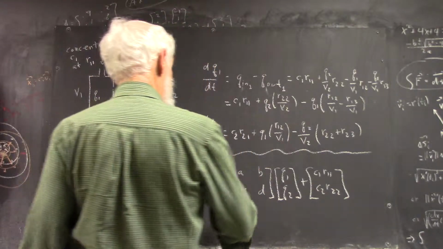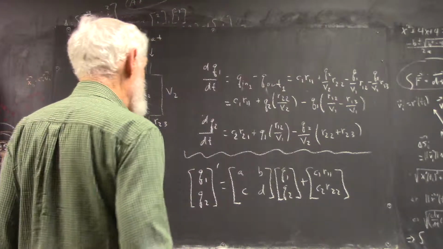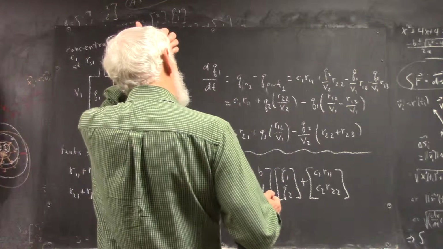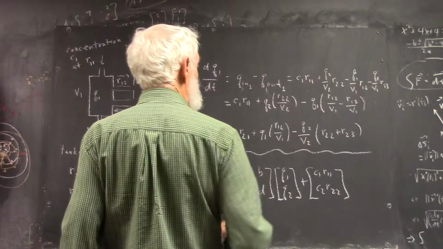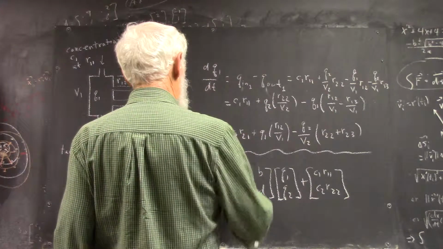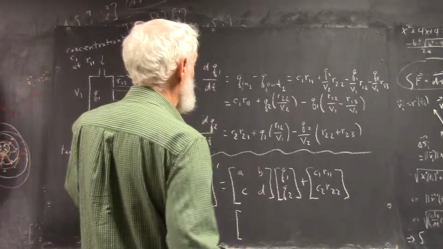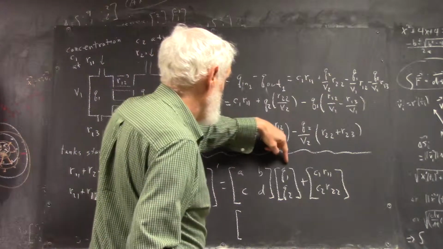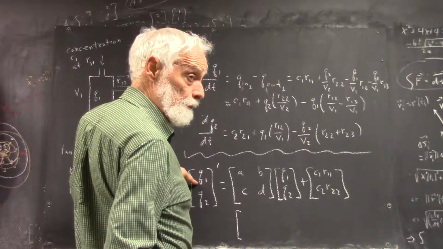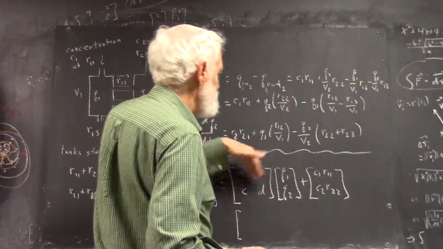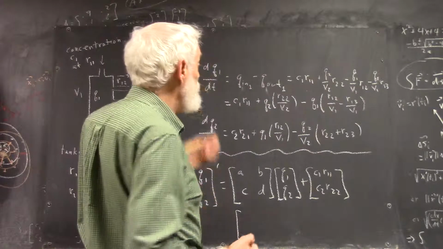Okay, just to be specific, this matrix, and of course we could just call this an A matrix, right? Our matrix is going to be, A is going to be the coefficient of Q1 in the first equation, right? So A times Q1 plus B times Q2 is going to give us Q1 prime. Okay? So hopefully you're good with the whole matrix multiplication thing. That should have come back to you immediately.